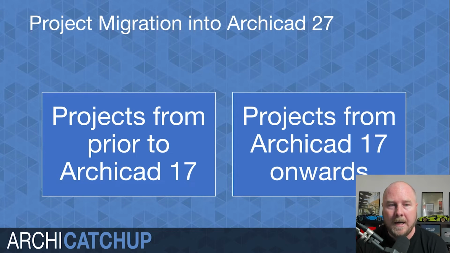If you have projects within your organization that are on Archicad 16 or earlier, my suggestion would be to maintain a copy of Archicad 26 on at least one of your computers, so that you'll be able to migrate projects into Archicad 27 and later. And we'll see that in a second. Then you'll have a process for projects from Archicad 17 and onwards.